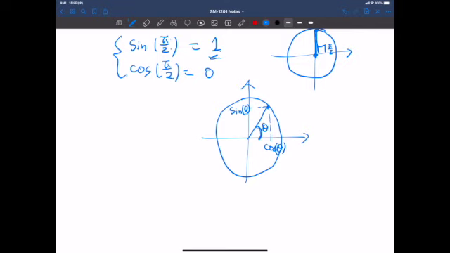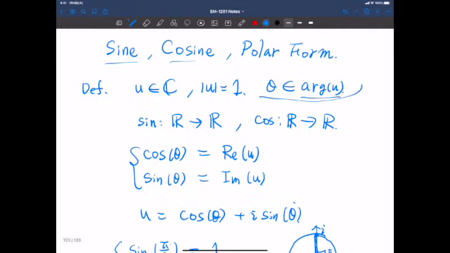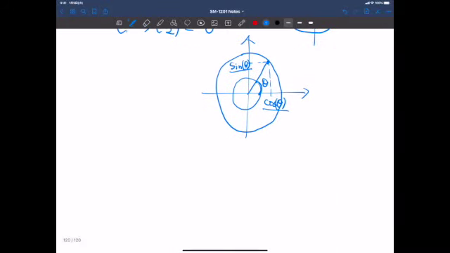So theta and theta plus 2 pi give the same values for sine and cosine. As we defined here, theta is any element of this argument. So, for example, sine theta is equal to sine of theta plus 2 pi k, where k is any integer, and the same for cosine.